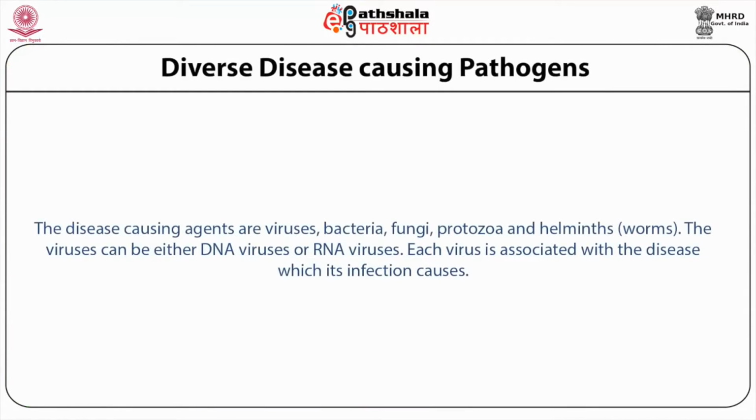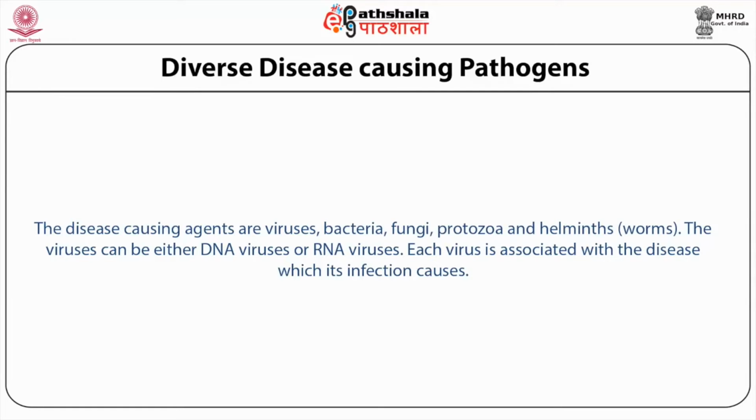The pathogens which cause diseases are very diverse in nature. They could be viruses, bacteria, fungi, protozoa and helminths, that is the worms. In viruses themselves, viruses can be either DNA viruses or RNA viruses.